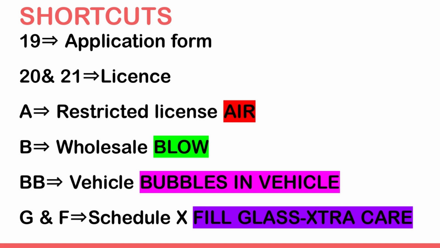Bubbles contain two B adjacent to each other, and that sentence contains vehicle, from which you remember BB for vehicle. And the last sentence is fill the glass with extra care. Fill starts with F, glass starts with G, care starts with C. F, G and C are for Schedule X drugs.